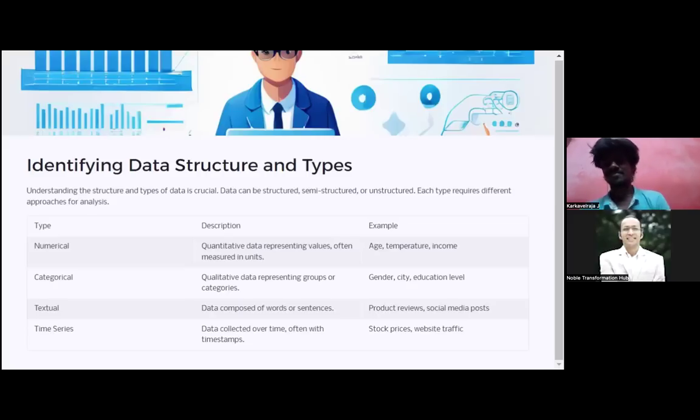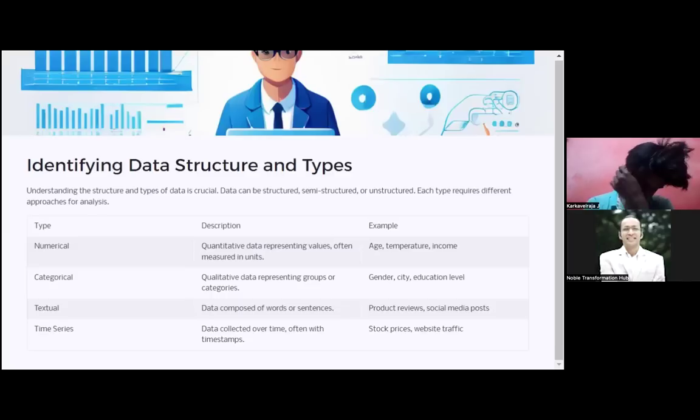If you find age, temperature, income, it is numerical data. If you find data which contains gender, city, educational level, it is categorical data. For categorical data, you have to use different models, different algorithms. For numerical data, you have to use a different model. Textual again is data composed of words or sentences.